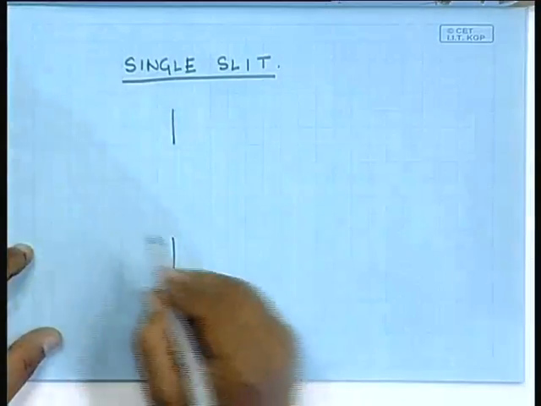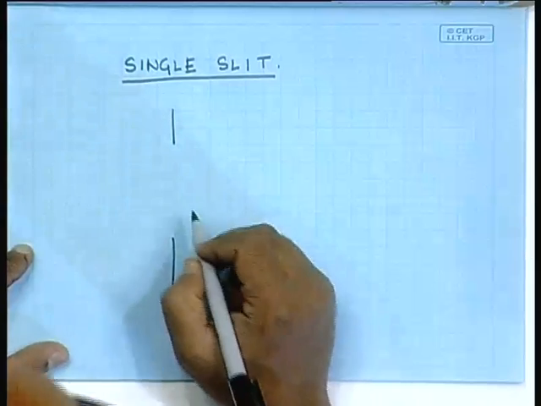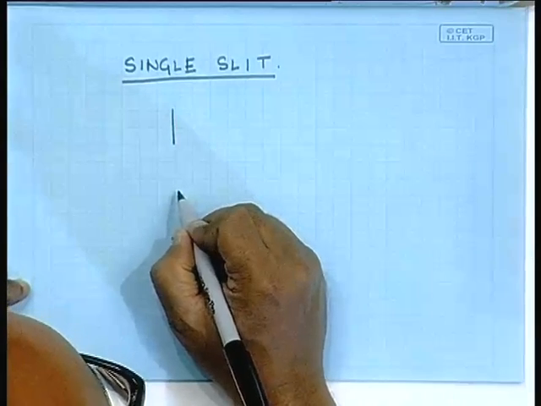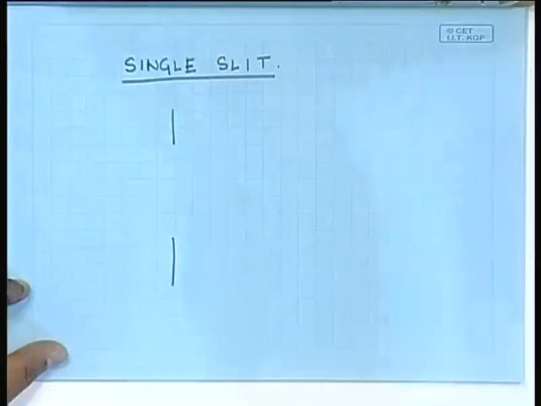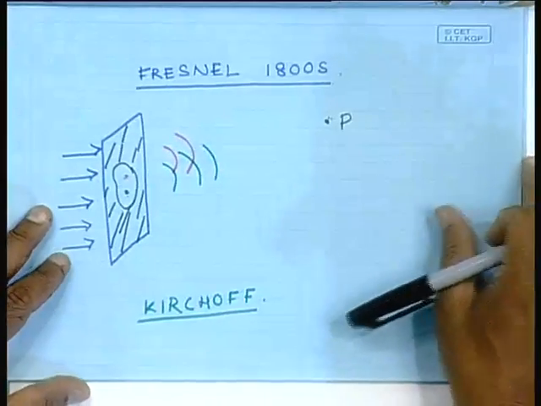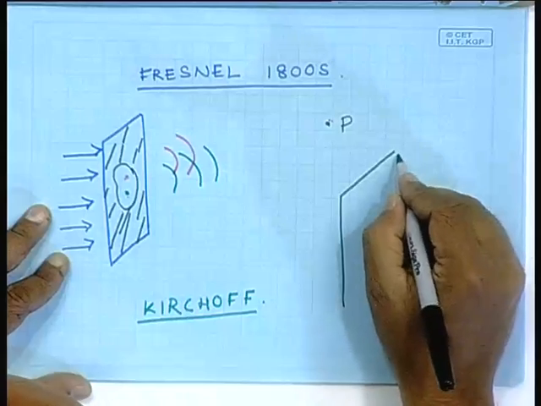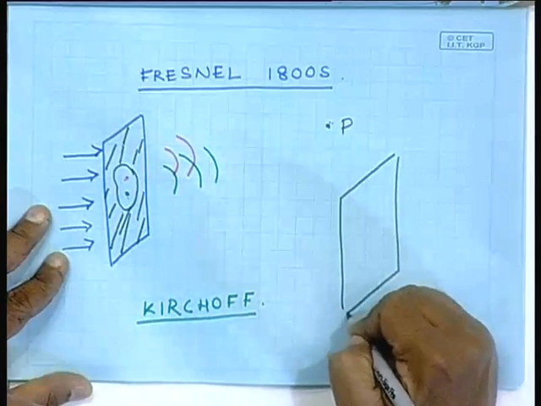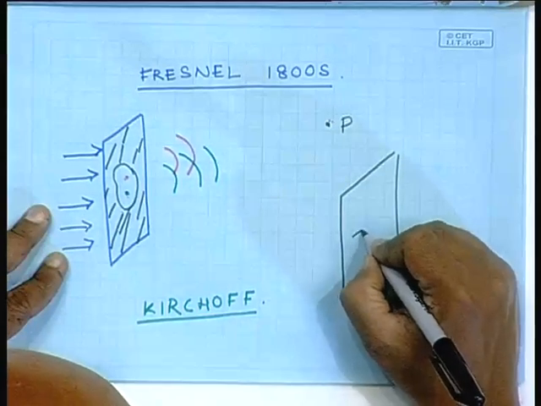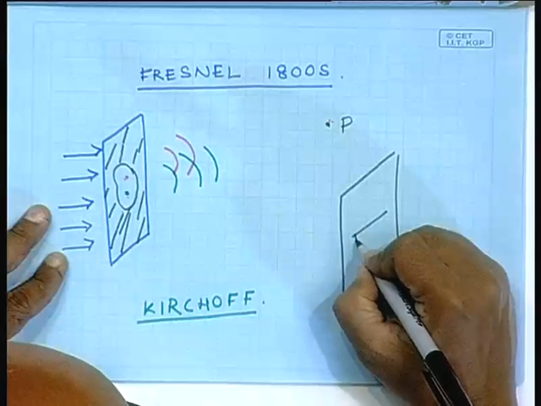So, I have drawn an enlarged diagram. The slit is actually quite small, and to give you a picture of the slit, let me draw it for you here. We have an opaque screen like this. In this screen I make a small slit like this.